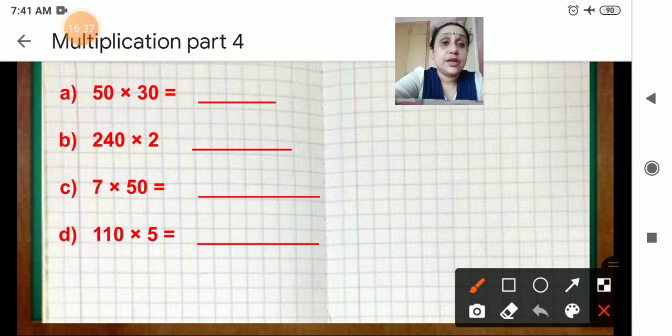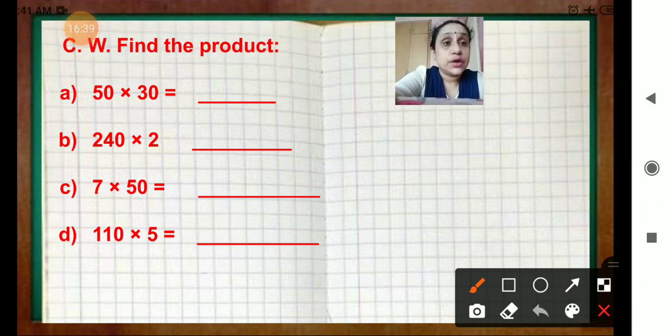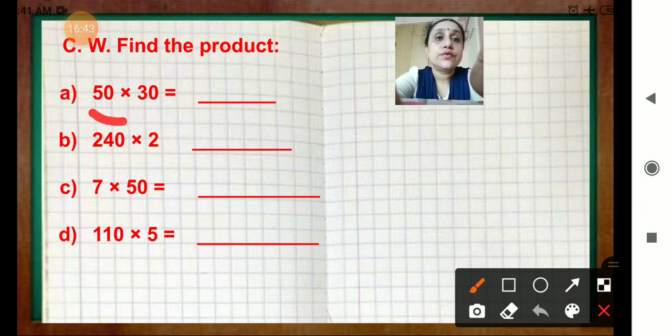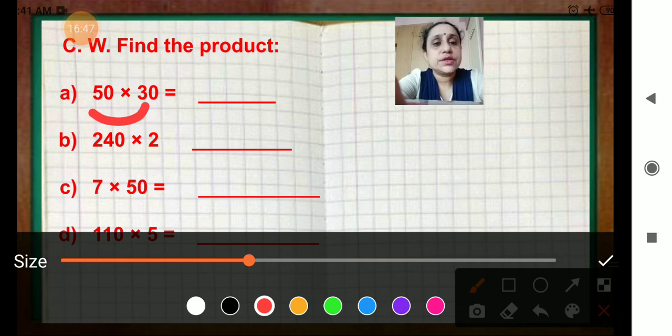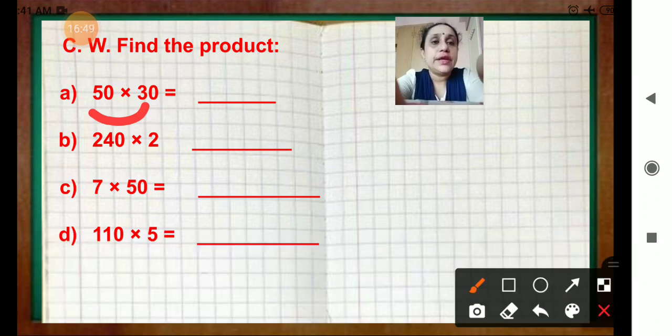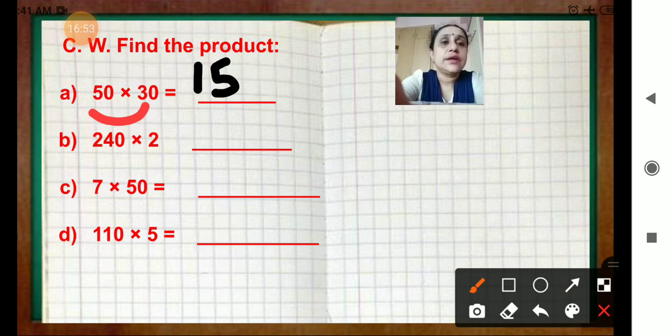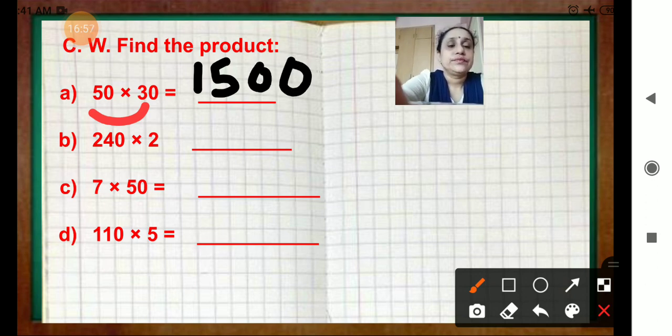Now, we have done how to put the zeros. So, first what we have to do? 5 threes are, how much? 15. So, write 15. And how many zeros are there? 2 zeros. Done. Big number. 1500 you are getting. That is 1500.